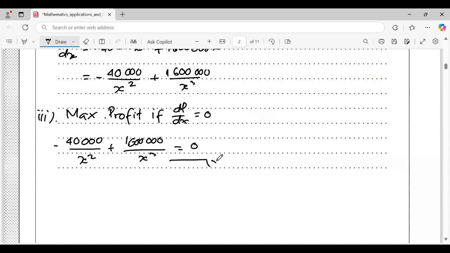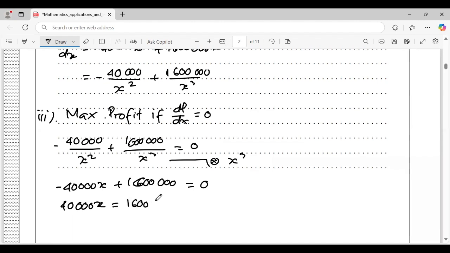Multiply by x cubed: minus 40,000 x plus 1,600,000 equals 0, or 40,000 x equals 1,600,000. So x equals 1,600,000 divided by 40,000, and the result is 40. So if dP/dx equals 0, x equals 40.